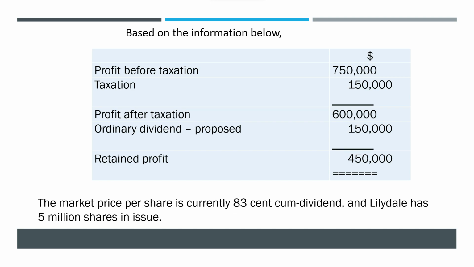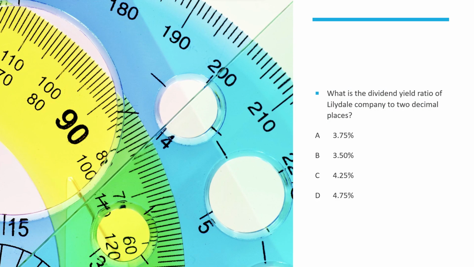The market price per share is currently 83 cent cum dividend, that is cumulative of dividend, and Lilydale has 5 million ordinary shares in issue. Based on this information, what is the dividend yield ratio of Lilydale Company to two decimal places?